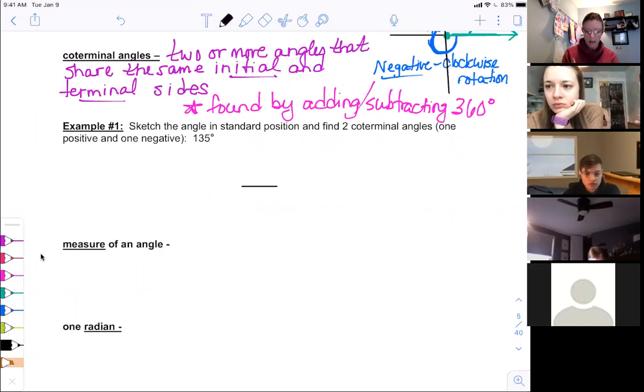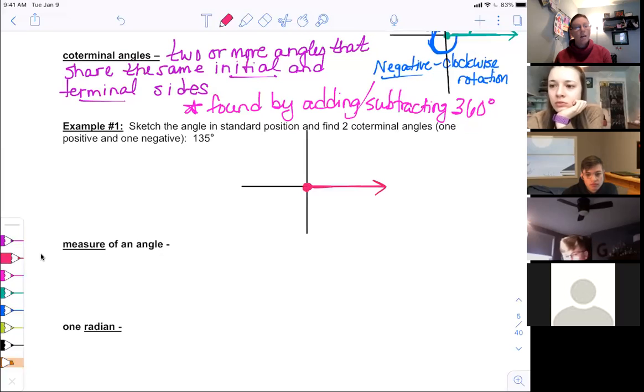You'll be drawing a lot of these. For it to be in standard position, the vertex is at the origin and it starts on the positive x-axis. This is a 135-degree angle.